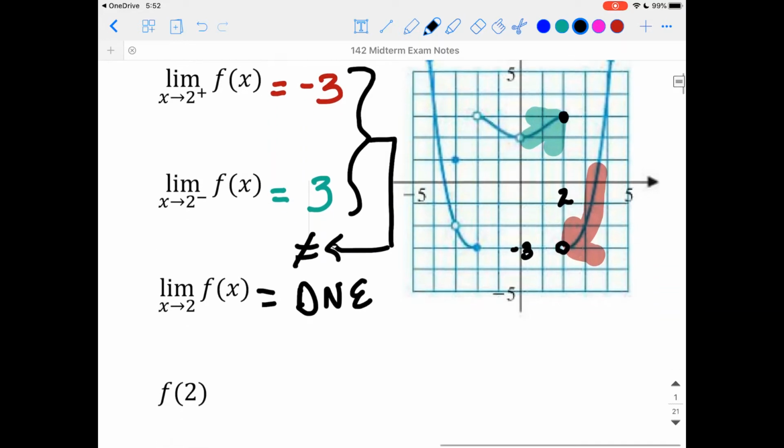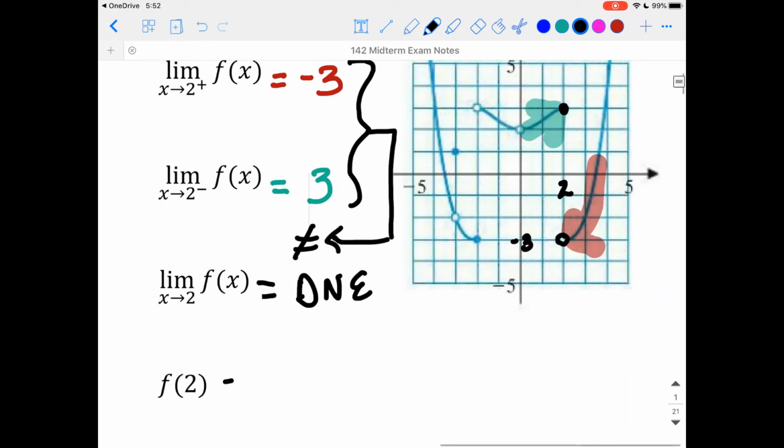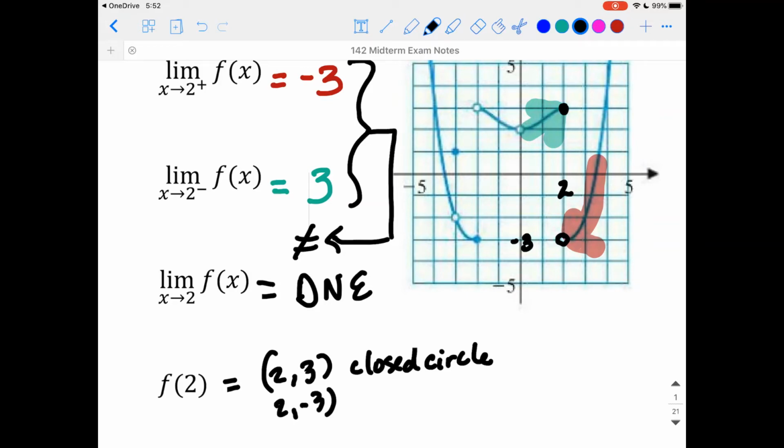Now, f of 2. So f of 2 is asking you what is the y value when x is equal to 2. Well, at x equal to 2, we have two coordinates. We have (2, 3), and this is a closed circle. And we also have (2, -3), which is an open circle.